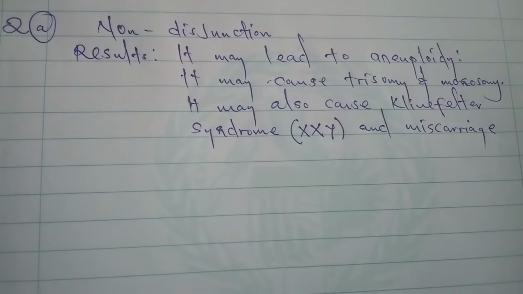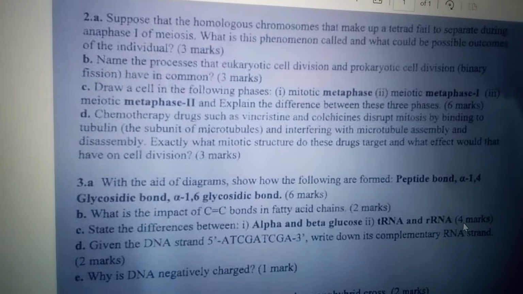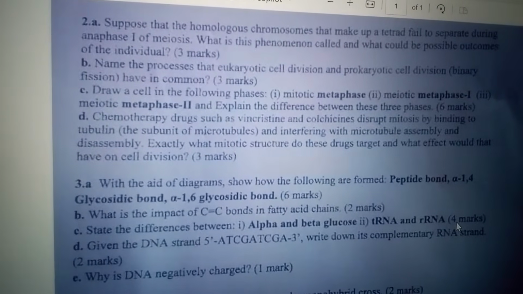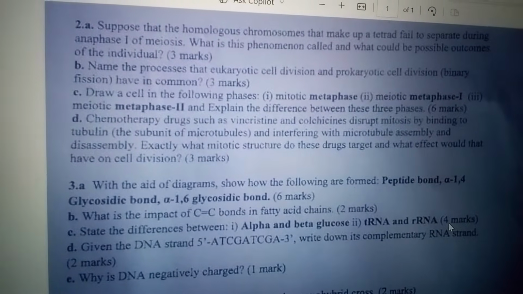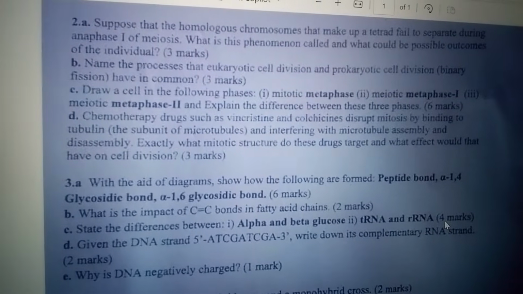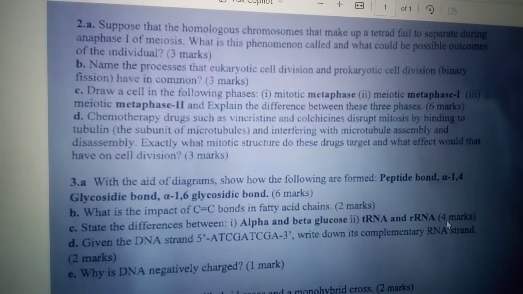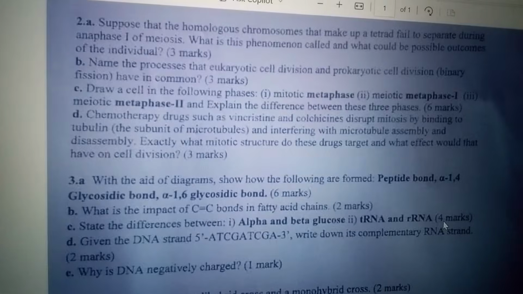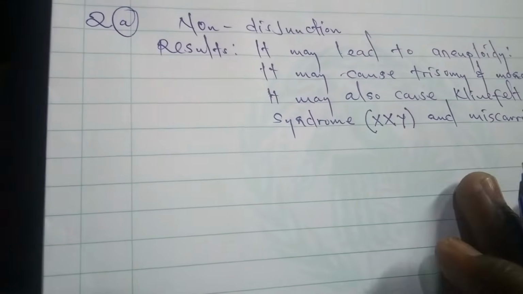So we proceed. The next one says, name the processes that eukaryotic cell division and prokaryotic cell division, that is binary fission, have in common. There are 3 marks.